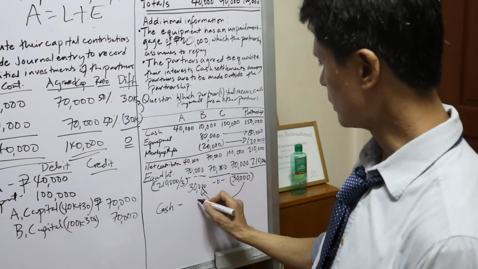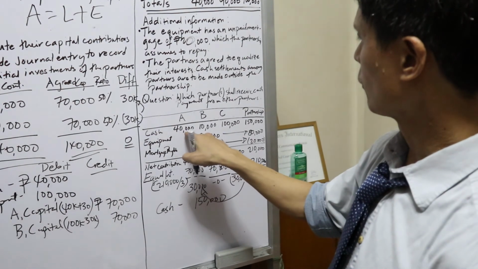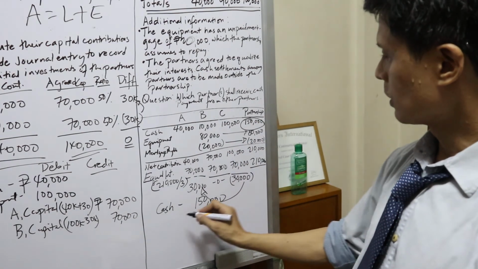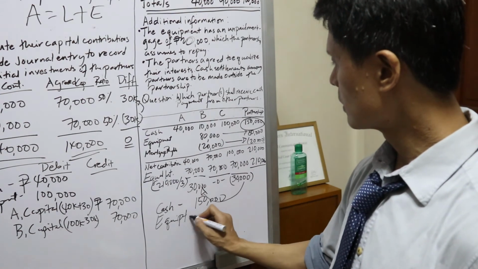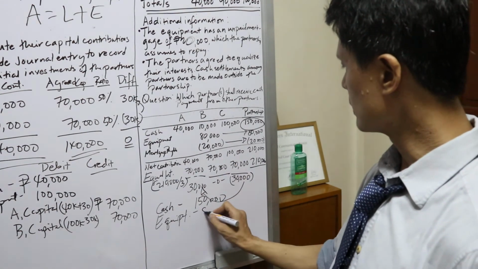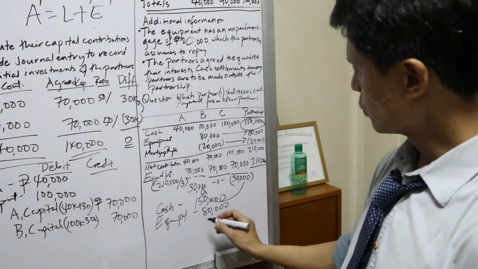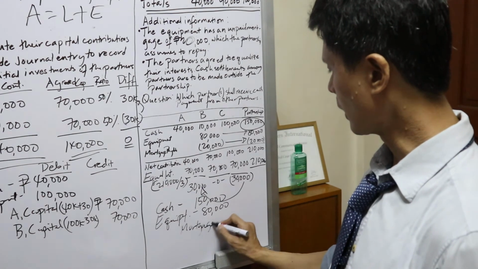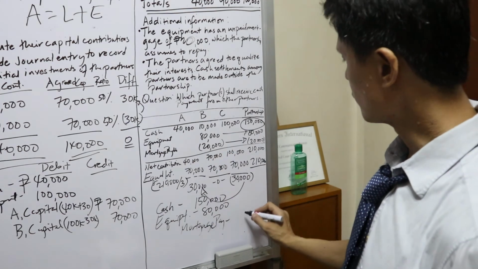This one is 150,000 cash. Paano nakuha yon? Ayun, 40 plus 10 plus 100, 150 this one. And then equipment for how much? 80,000 pesos. And the next one is mortgage payable. Mortgage payable, naka-credit siya. Mortgage payable for how much? This is for 20,000.